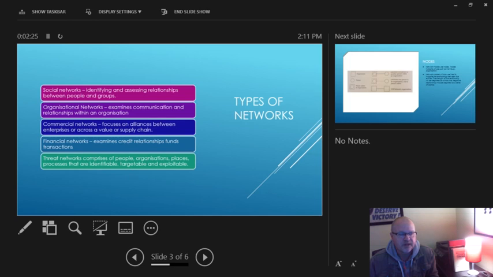And finally, there's a threat network, which looks at people, organizations, or places that are identifiable, targetable and exploitable. So a threat network can also work in looking at the methods of communications, the basis of those communications, which we'll come to in more detail. But they're the different types of networks that you'll see, and the different type of networks you can chart as you do your intelligence analysis.